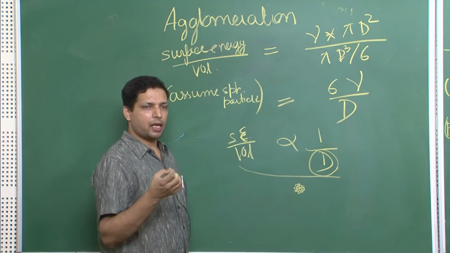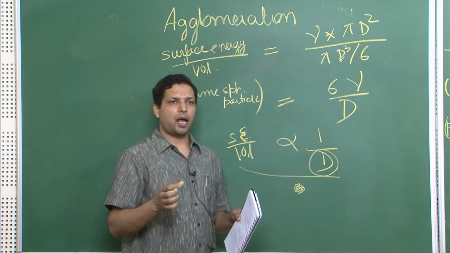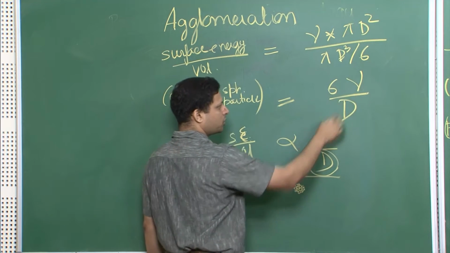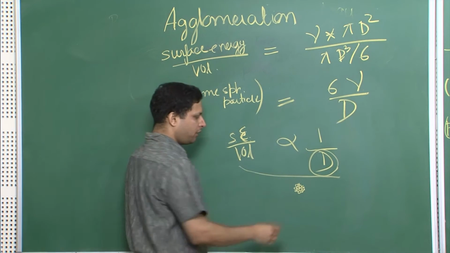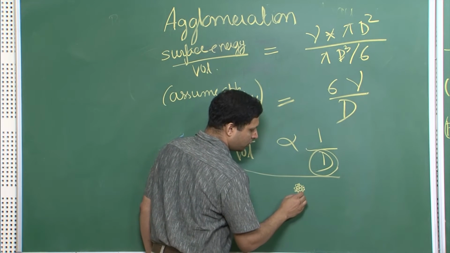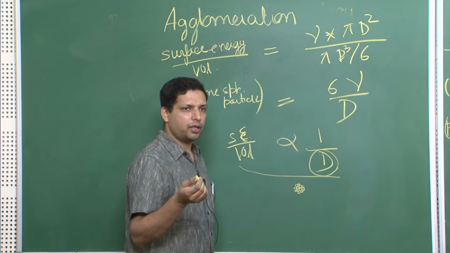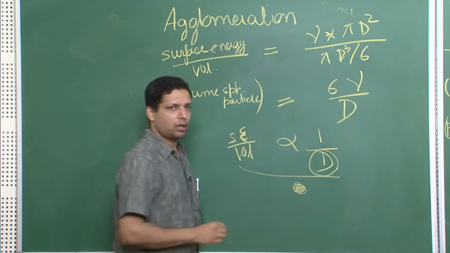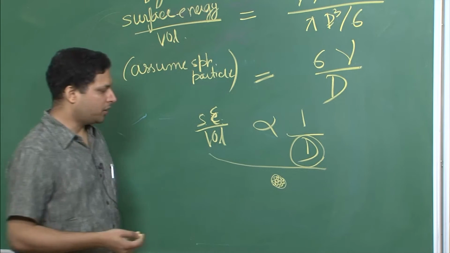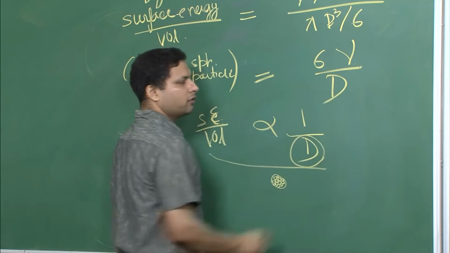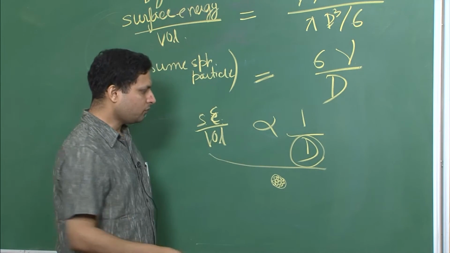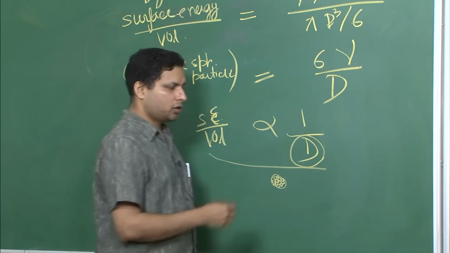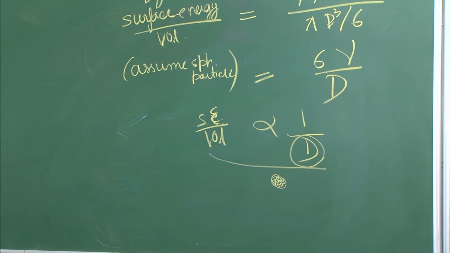The particles have the tendency to come together because of the reduction in surface energy, which is proportional to 6 gamma by d, and therefore even though the particle size was very small, they can come together and form an agglomerate whose effective diameter will be much larger than one particle diameter. So that is the driving force behind agglomeration, that is the reduction in the surface energy.